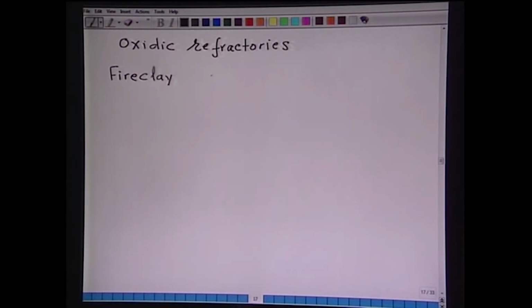Common fire clay contains 25 to 45% Al2O3 and 50 to 80% SiO2.